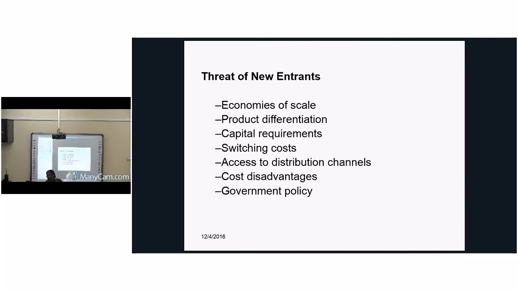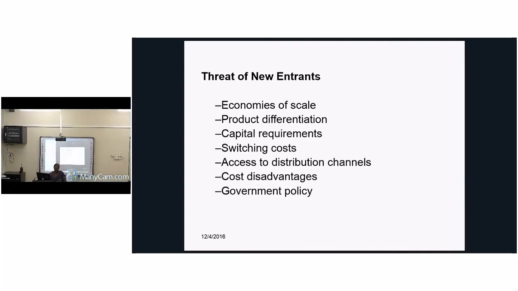For example, economies of scale: if you quantify the economies of scale, the industry average is, say, 70.